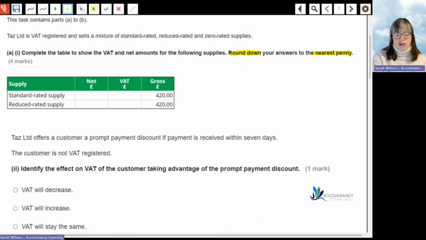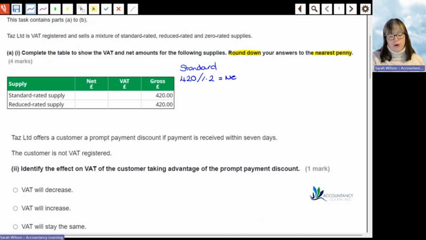So for a standard rated supply then, we've got our gross amount given, £420. To work out our net amount, we're going to do 420, and depending on whether you like to divide by 120 or divide by 1.2 in decimals, it's up to you, we're going to divide it by 1.2.